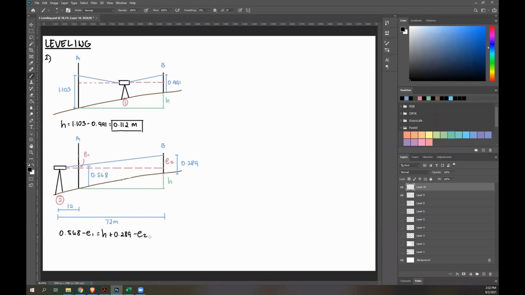And then again, let's simplify. I'm just going to transpose E1 to the right to make it positive and then transpose these two to the left. That would give E1 minus E2 equals 0.568 minus H, which is 0.112, minus 0.289.